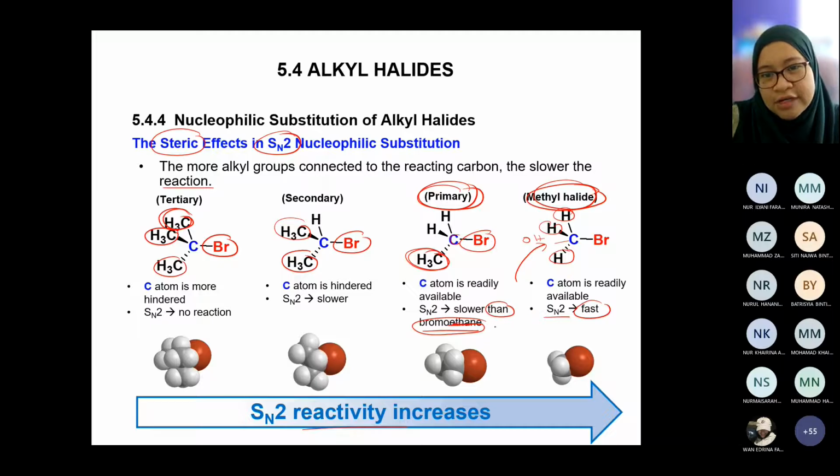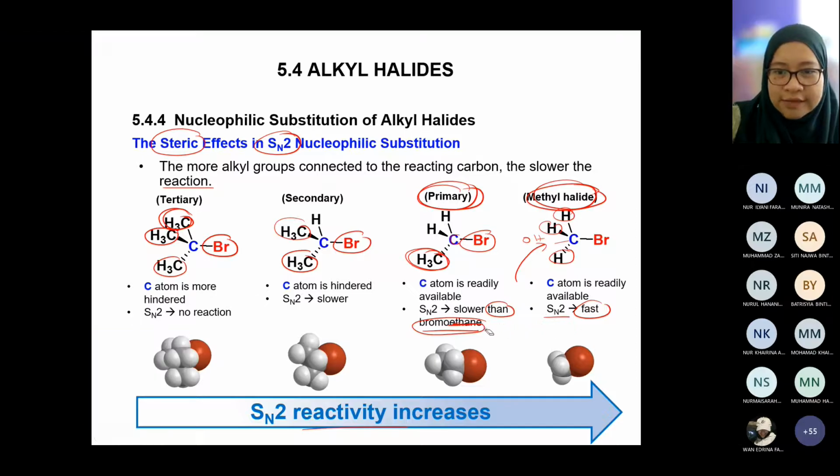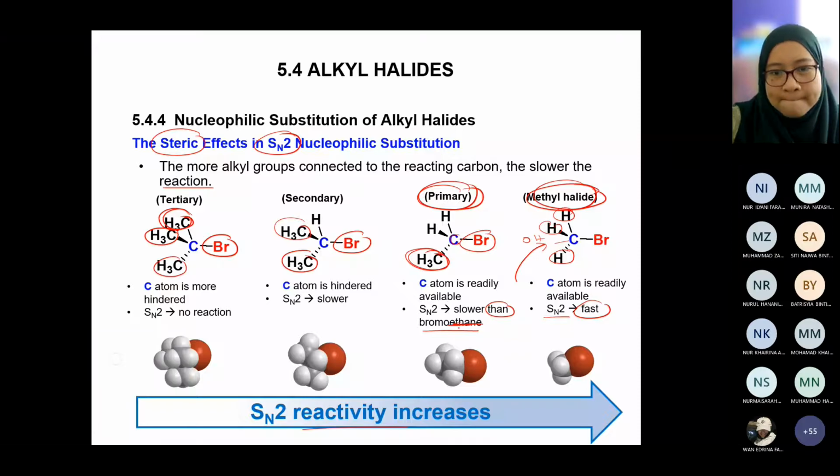Please replace this one with bromomethane. So it is slower than the methyl halide just now.